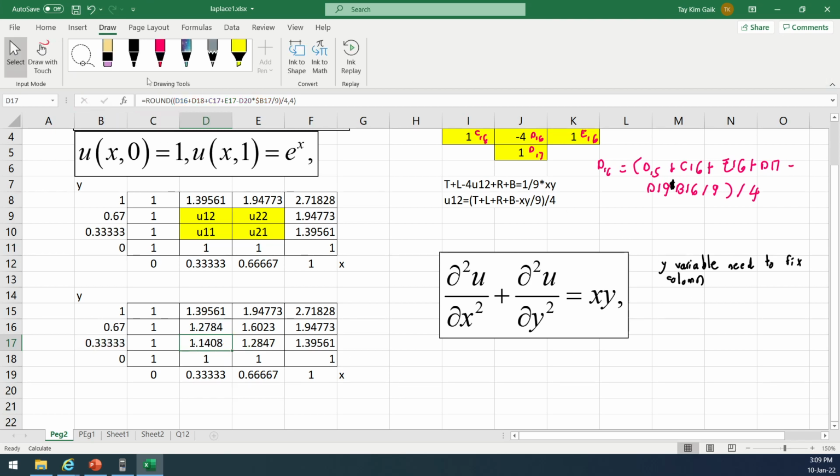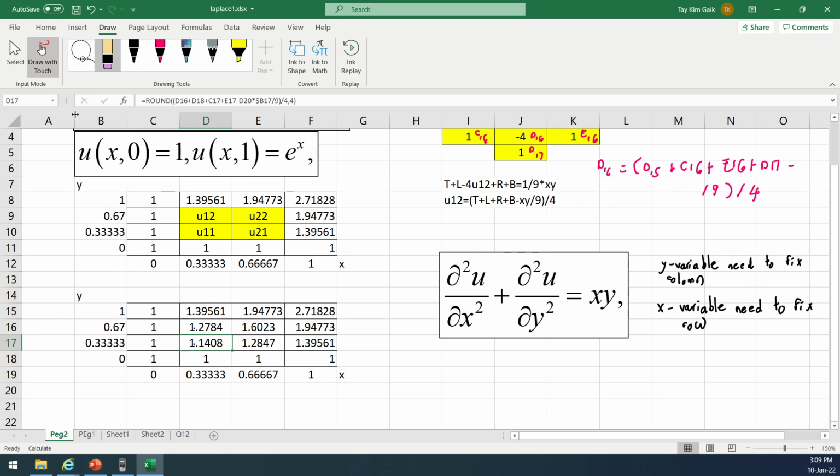To solve this, the X variable needs to fix the row. Okay, how to fix the row? Before the row label, or after the column, you put a dollar there. I put it properly, big for you to see.